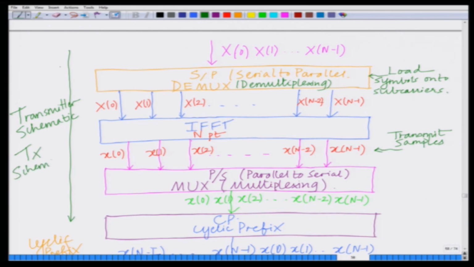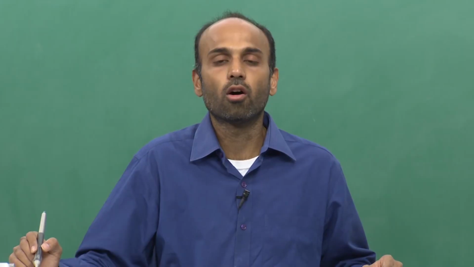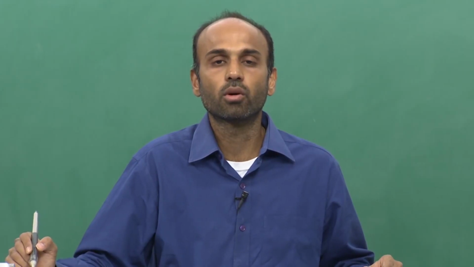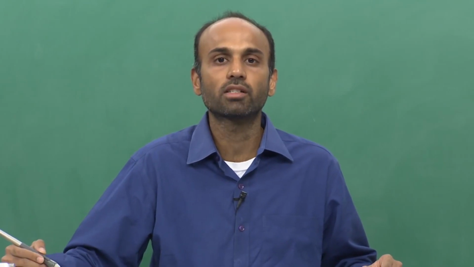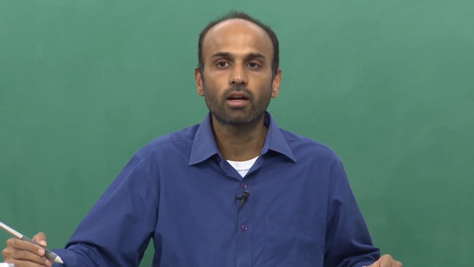A schematic representation, or a sequential representation, of the operations at the transmitter, showing the various inputs and the outputs to the various blocks and the sequence of operations that have to be carried out at the transmitter.